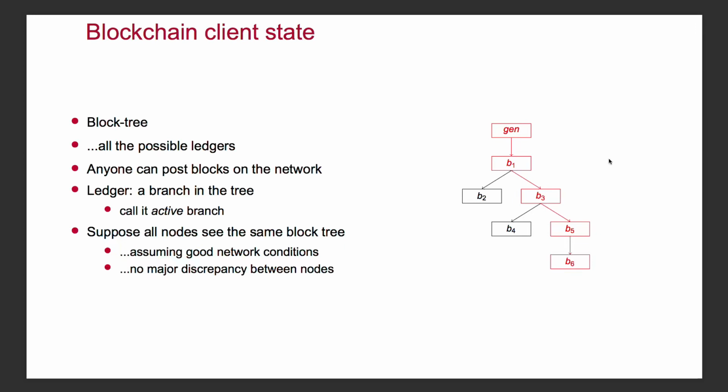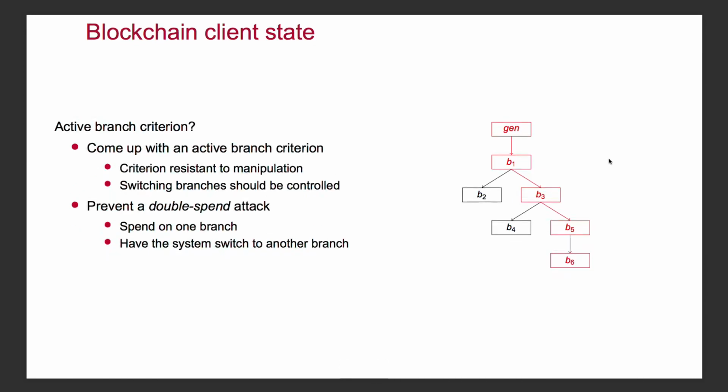Now, when it comes to this block tree, if we assume that all nodes in the network see the same block tree, these blocks get broadcast, and assuming good network conditions and no major discrepancies in the state and implementation of the nodes, all of the nodes should see the same block tree. The question really is how do we decide what the active branch is? What's the ledger that we currently believe in?